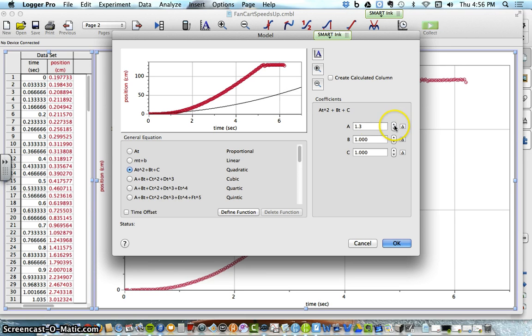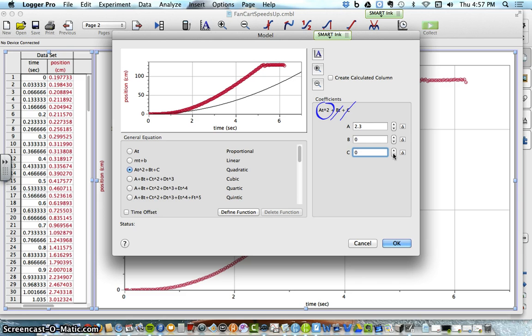And if I change these two terms to 0, my b and my c term, just to keep things simple, now since my b term is 0, b times t is 0. Since my c term is 0, that term disappears. And I just have position equals a t squared.